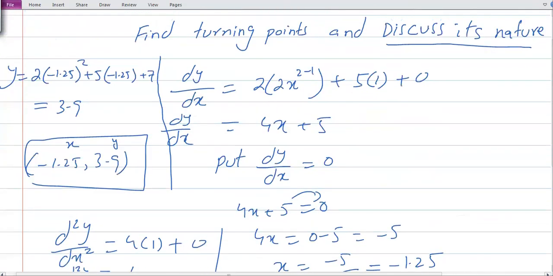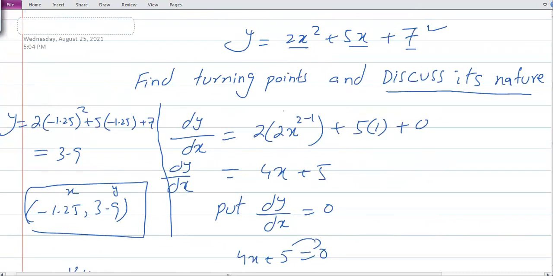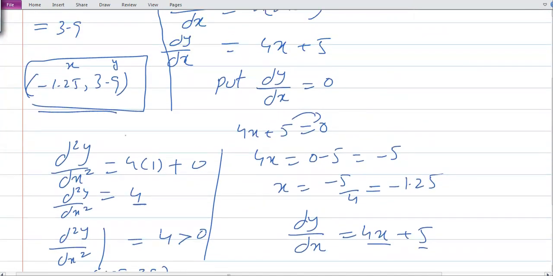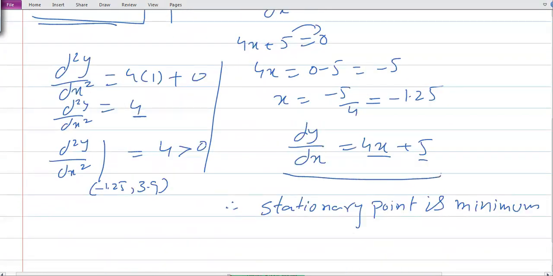To discuss the nature of the stationary point, first find the stationary point. That we already learned. Till this one, I found the stationary point. This is not a huge calculation. Okay, it's normal calculation, don't worry. After finding the stationary point, take another derivative, because this was our dy over dx.